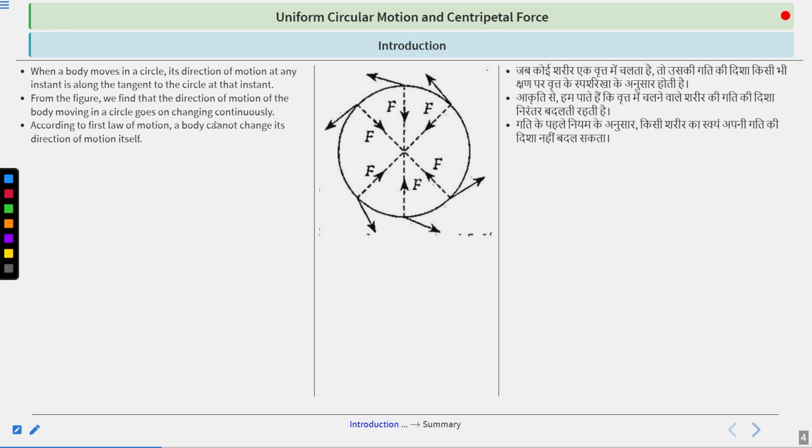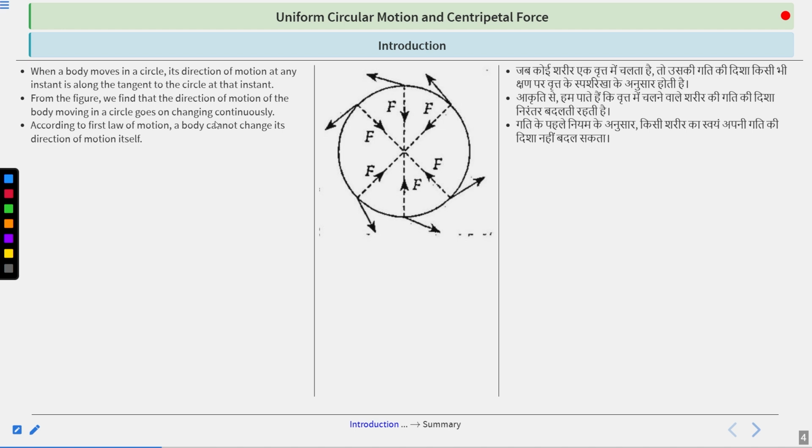If you remember when we were talking about Newton's laws of motion, there were three laws. Out of these three, the first law of motion stated that if a body has a certain state of rest or motion, it will not be able to change its initial state without any external help.